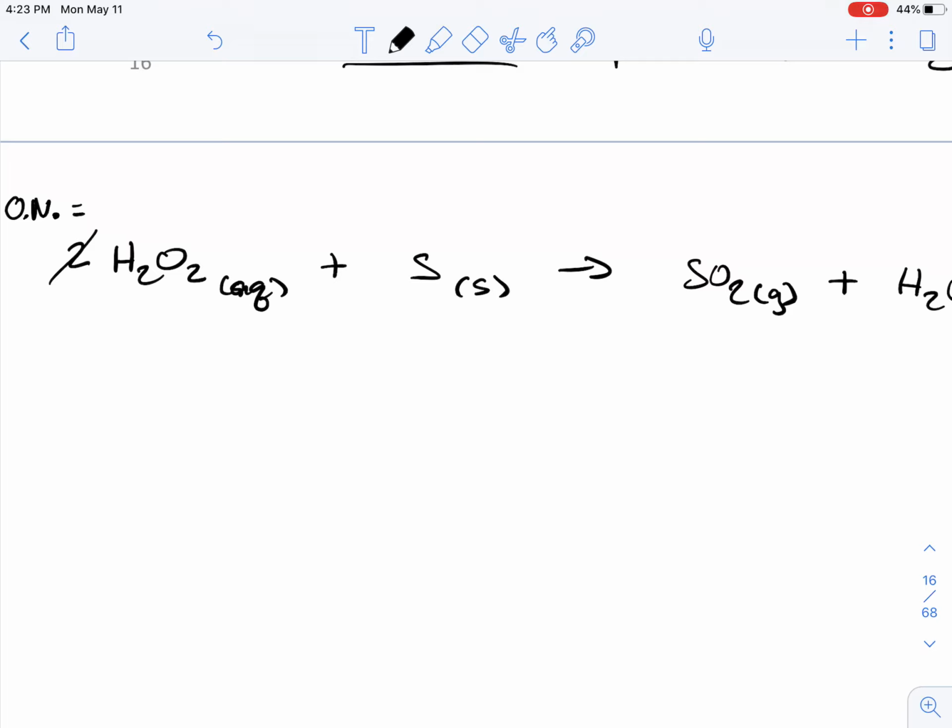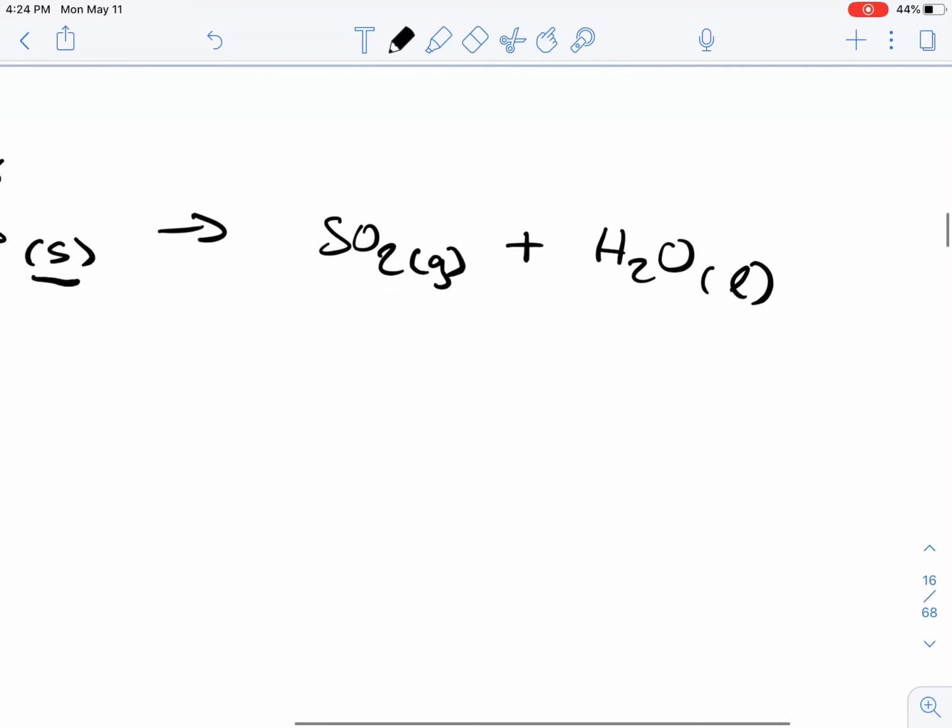So I'm just going to talk about it very quickly. The oxidation number for hydrogen, if it's in the position of the cation, is +1. The oxidation number for oxygen, if it's a peroxide, is going to be -1, not -2. And for sulfur, since this is solid in state and since it's by itself, its oxidation number is 0.